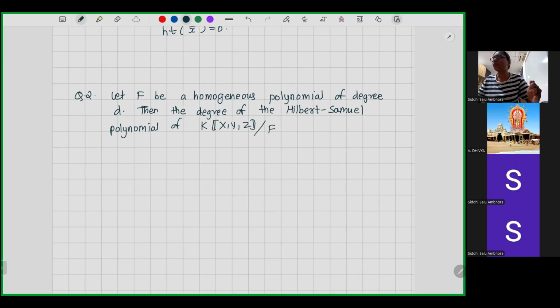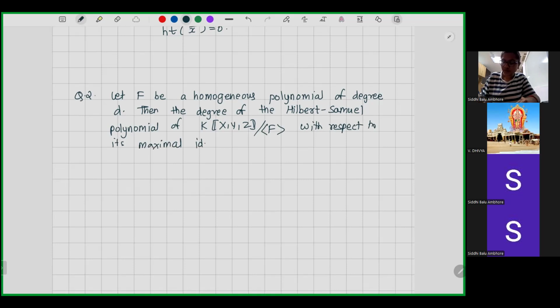It's a polynomial of fixed degree d, and we are now taking the quotient by this f in the power series ring k[[x, y, z]]. And we are asked about the Hilbert-Samuel polynomial of this quotient ring with respect to its maximal ideal.